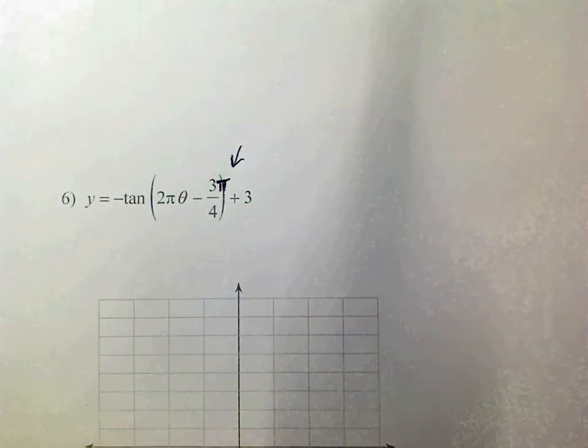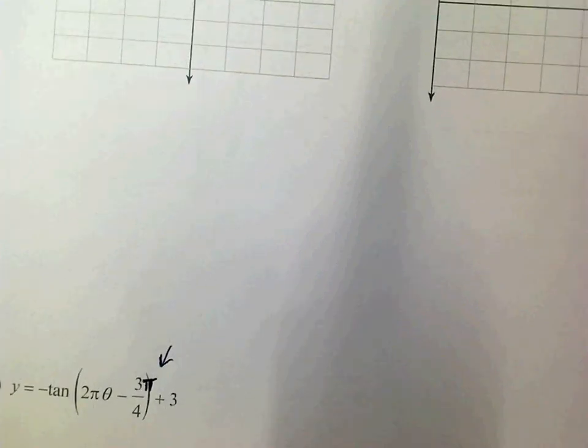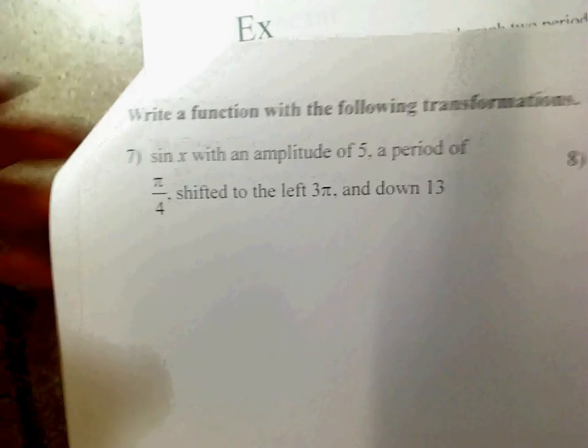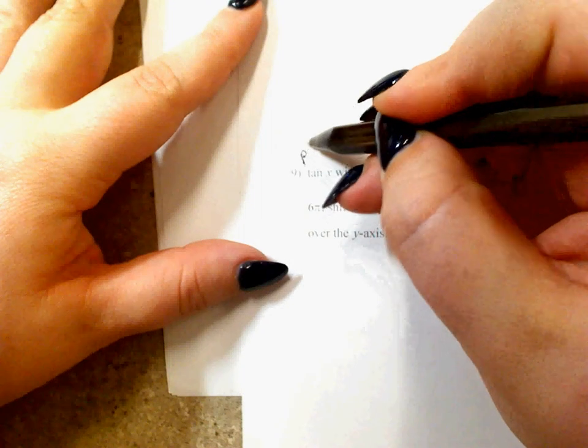Now, everyone look at number 7. Can you work number 7? Yes, it's a sine. Can you work number 8? Yes, it's a cosine. Can you work number 9? What do you got to remember for the formula for period? Pi over b, not 2 pi over b, right? The same goes for number 11. It's cotangent.